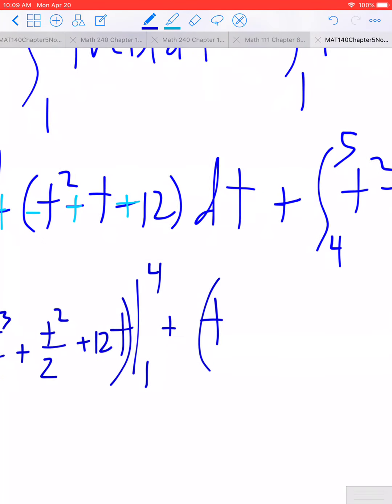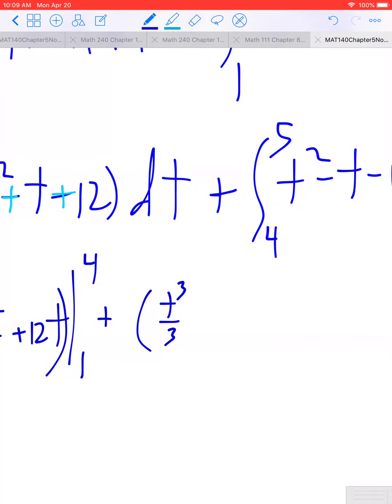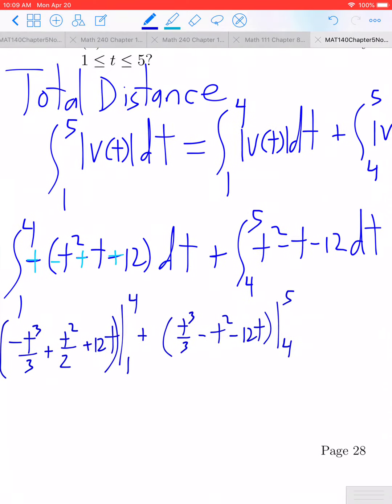That's going to be, again, t cubed over 3 minus t squared minus 12t, and that's going to get evaluated from 4 to 5.